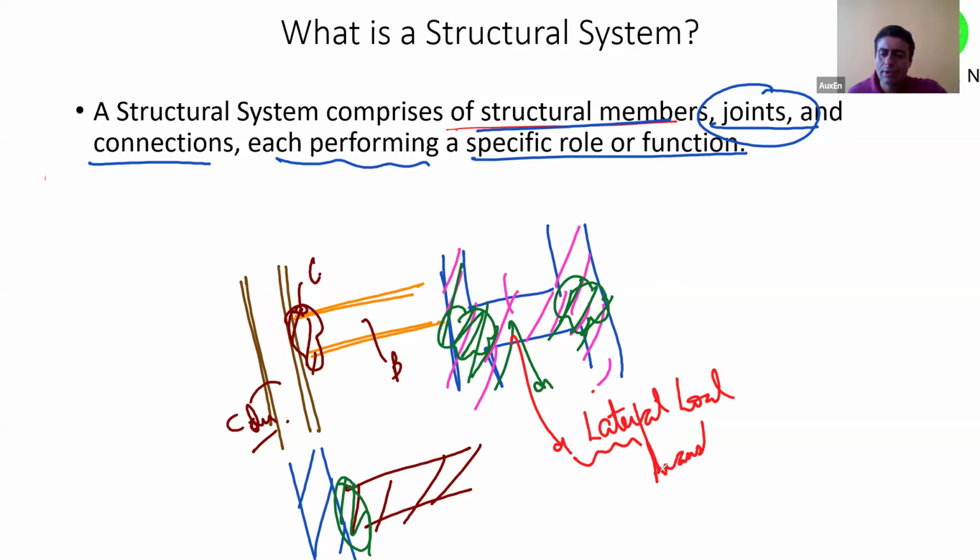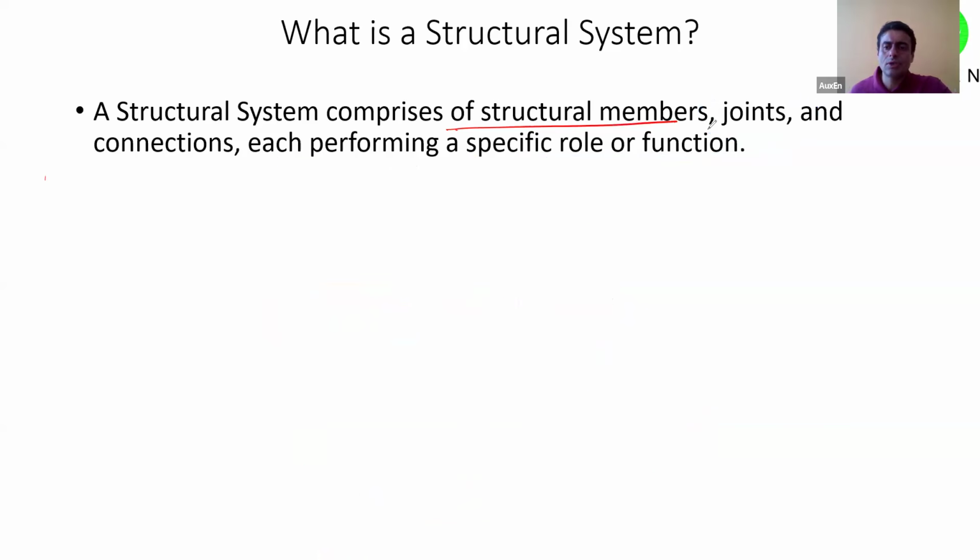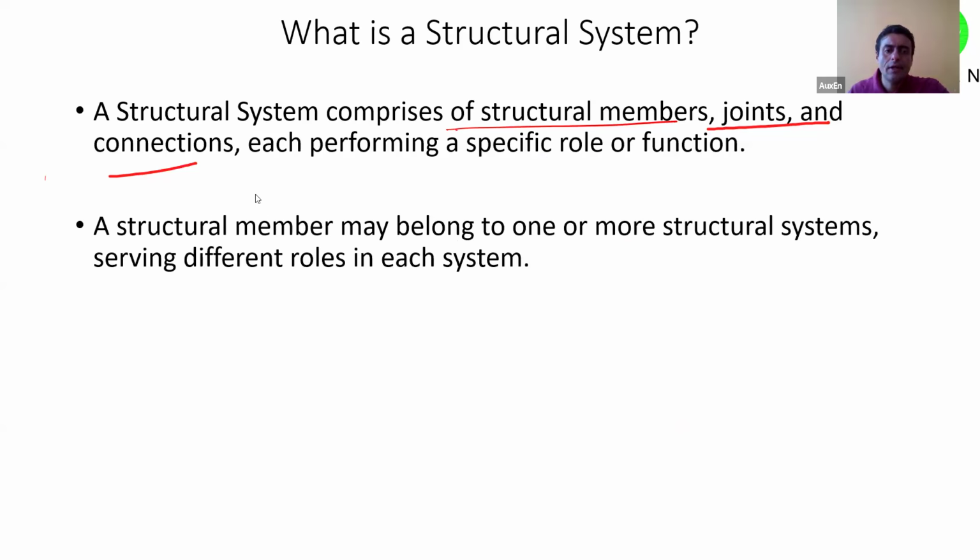During wind and earthquake events, how the joints behave is very important, and that's why a lot of emphasis is placed on joints as well. So a structural system comprises structural members, joints and connections, and each has to perform a specific role or function.